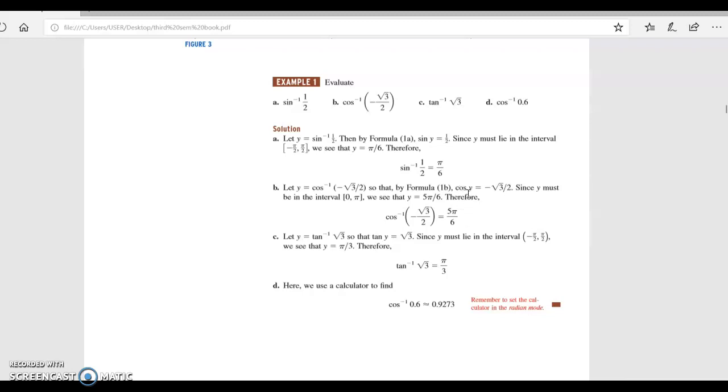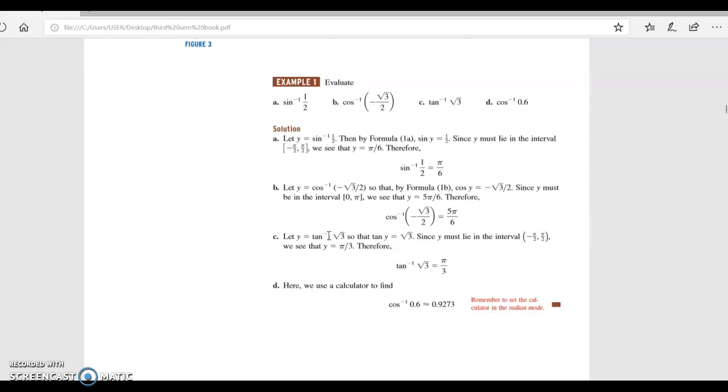The domain of cos, which is 0 to pi. In 0 to pi, the value minus root 3 by 2 comes from 5 pi by 6. So cos inverse minus root 3 by 2 equal to 5 pi by 6. If any doubt, please ask me.